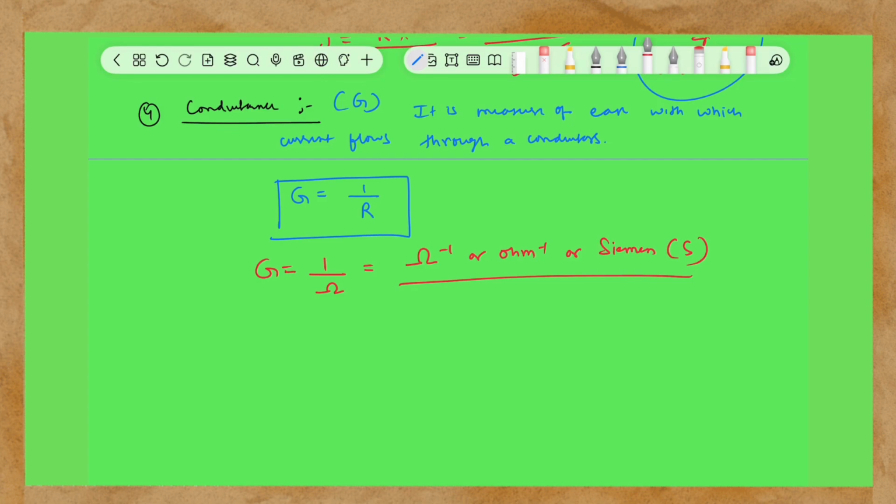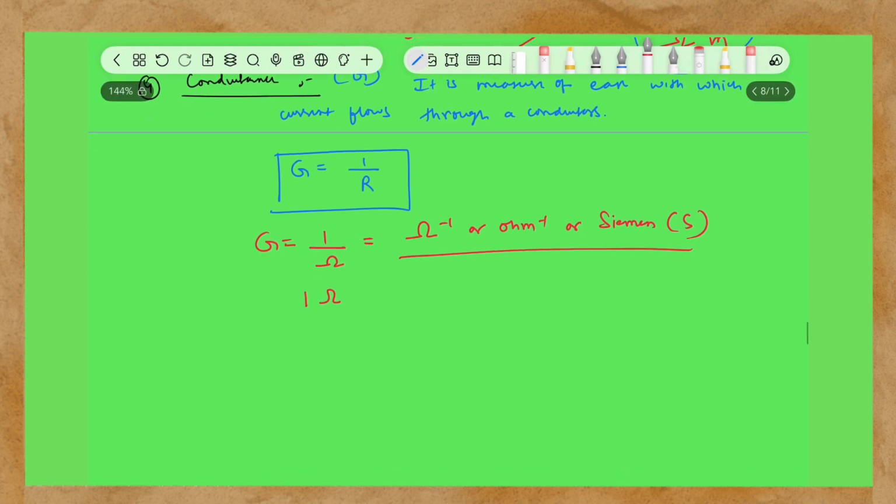We have concluded that conductance is equal to 1 upon R and its unit is per ohm, or we can also write it as Siemens. So I can write 1 per ohm is equal to 1 Siemens.